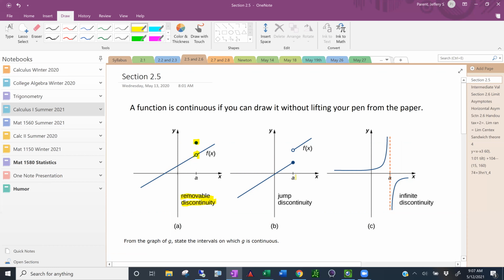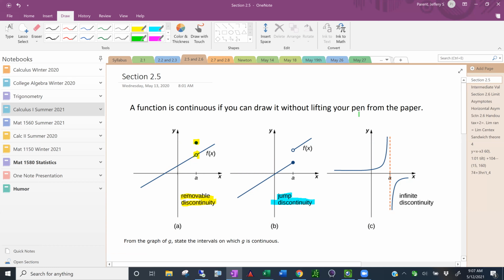What about this one over here? Well, we can't close the gap by just moving one point. There's a jump between one and the next. So this is a jump discontinuity. And finally, there's an infinite discontinuity.